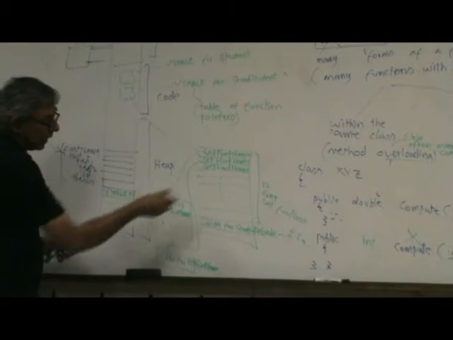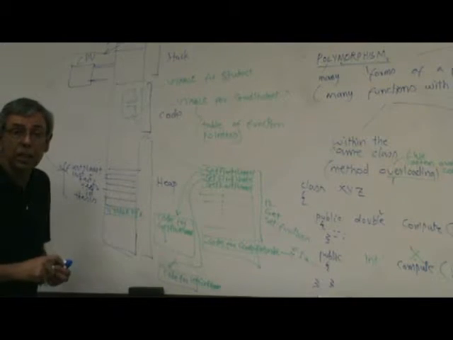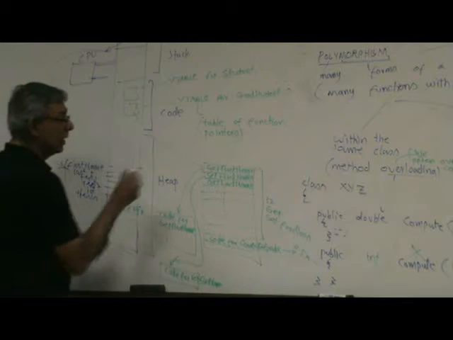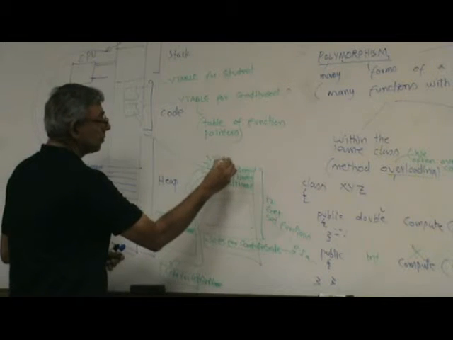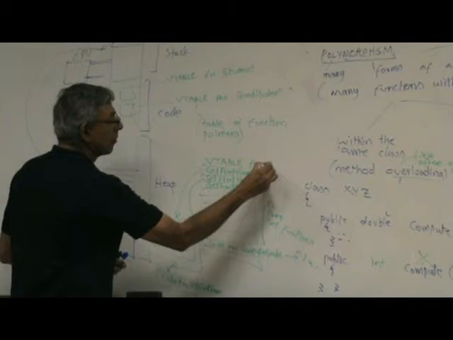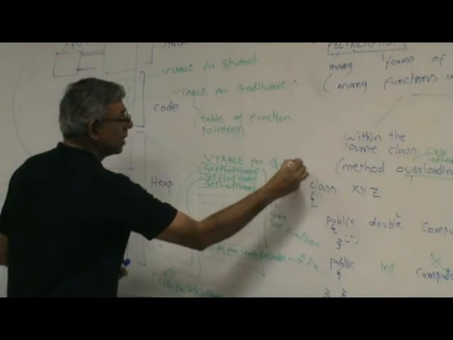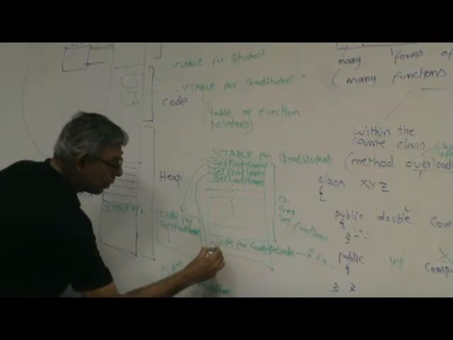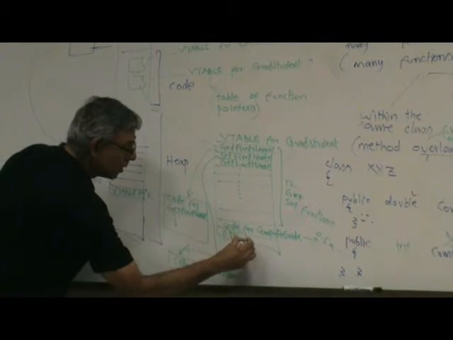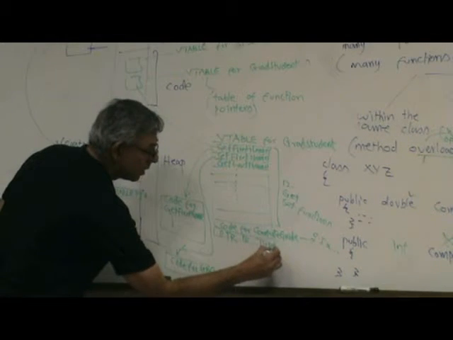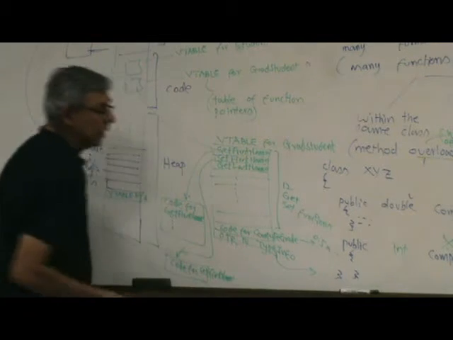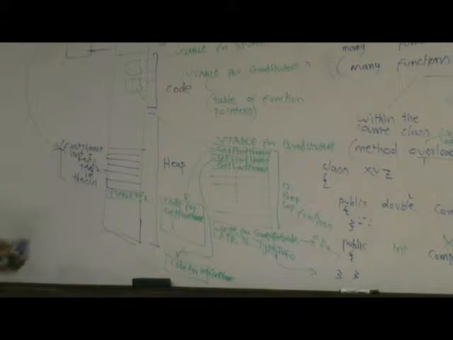What about, in the last lecture, we said there's one additional pointer over here inside the V table. And what will that be? Last lecture we said there will be a pointer to type info. So every class maintains complete detail about itself in the code area, which is called the type info.